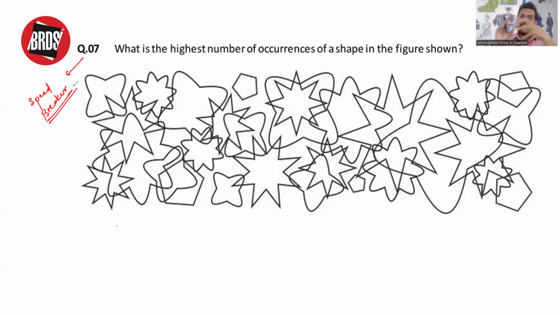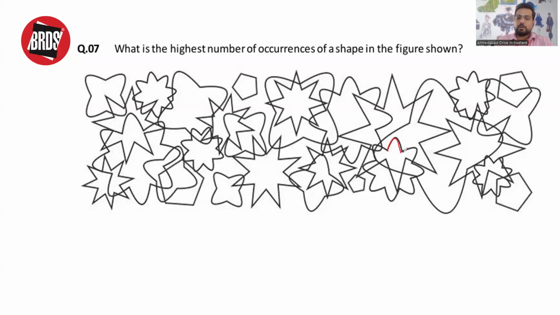But I would say if you analyze the figure correctly, you will find that only two shapes are being repeated the most number of times, and that is the star shape and the ninja blade shape. So just do the counting of those two properly. If you want to be on the safe side, you can do the counting of the other ones also, like the pentagon or the other shape.